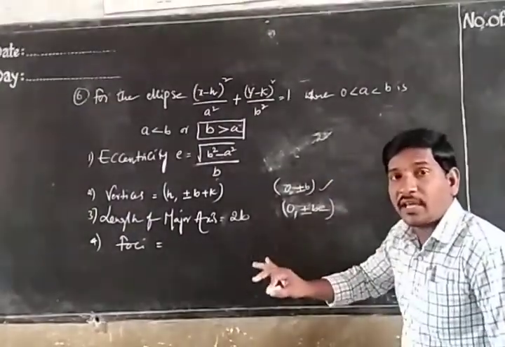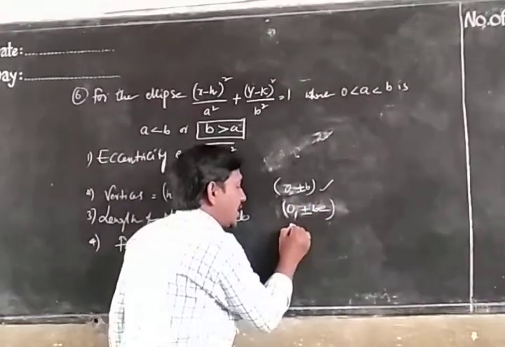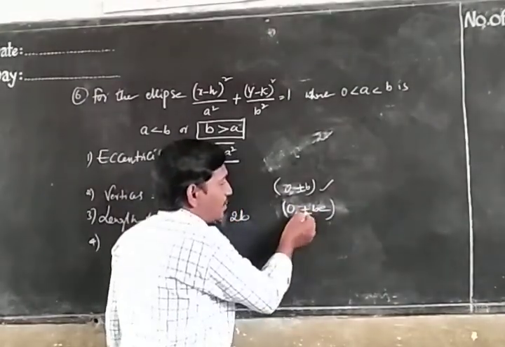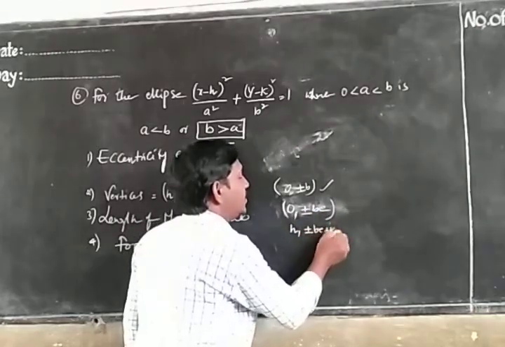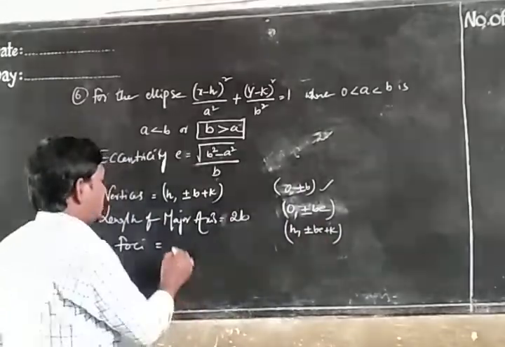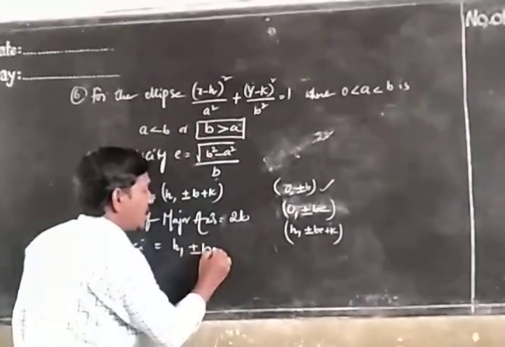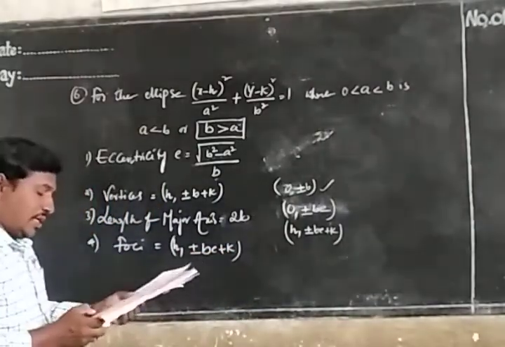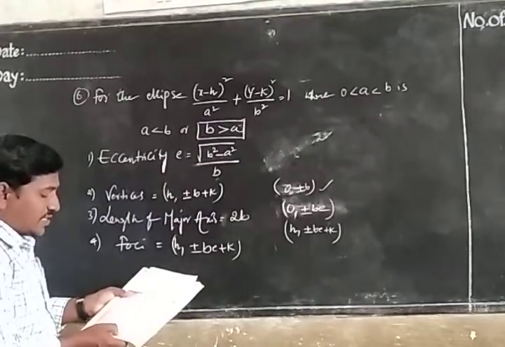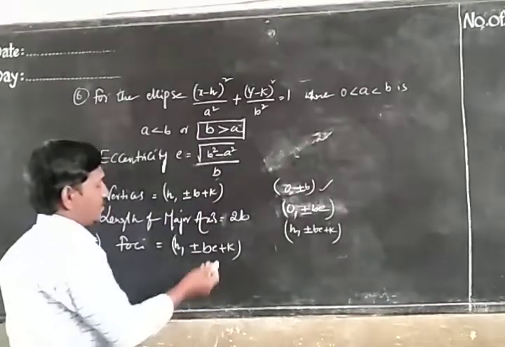Now h comma k should be added to the foci: 0 plus h, plus or minus be plus k. So that is the foci. Understand? H comma plus or minus be plus k, or k plus or minus be, whatever it is.